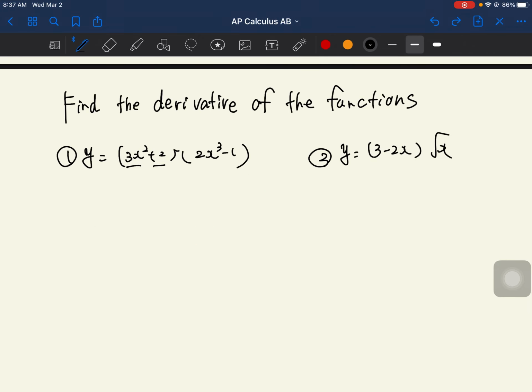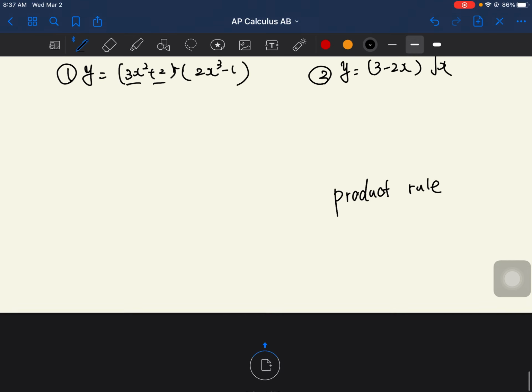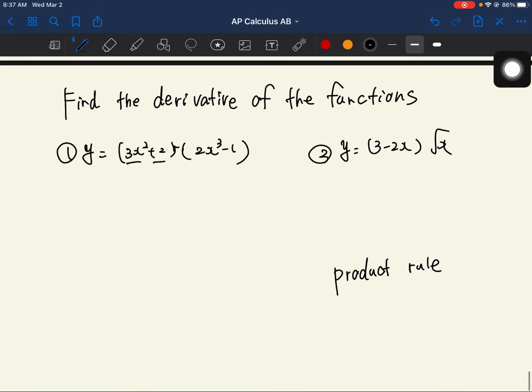Or, like I mentioned, you have two options, and the other one is easier, which is called the product rule. It looks a little bit complicated. Let me just write the formula of this product rule.